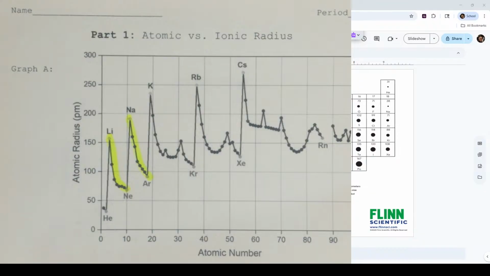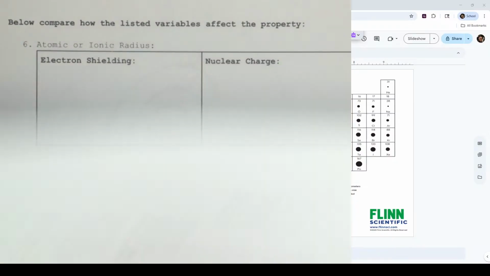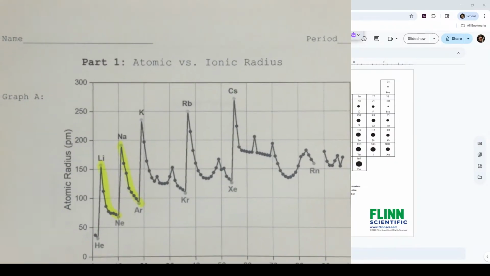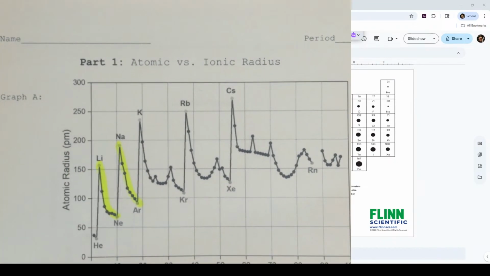That effective nuclear charge, due to electron shielding, is now just a +1. So that's what's going on here.